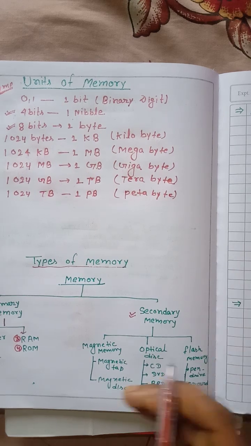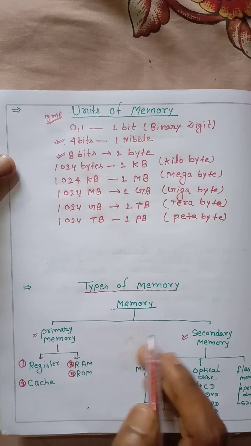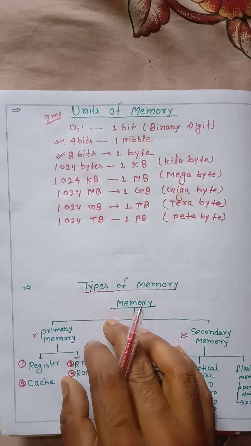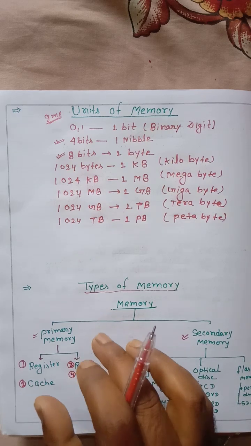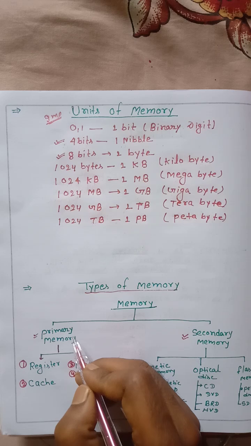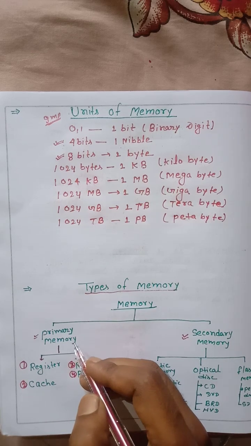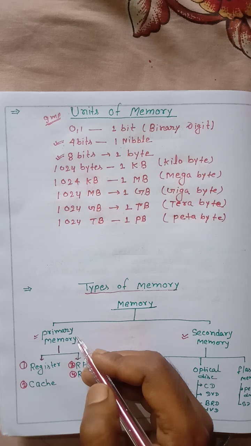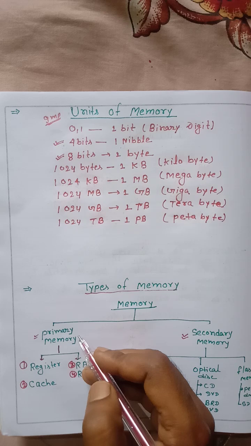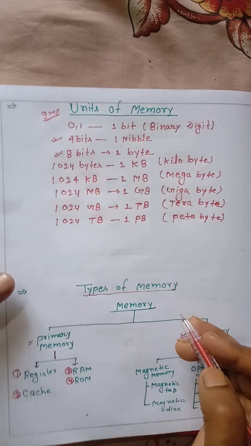Now come to the primary memory. What is the primary memory? Primary memory is an essential component, the main memory of the computer system, because each and every program or data is first loaded into the main memory before processing.